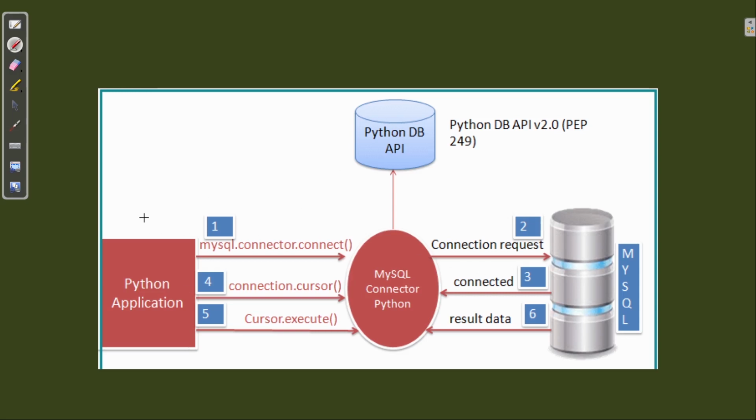How we are connecting the Python application, or the Python code that we have created, to MySQL, which is the database server. There is a mediator, a connector, which as the name suggests works like a connector between MySQL and Python.